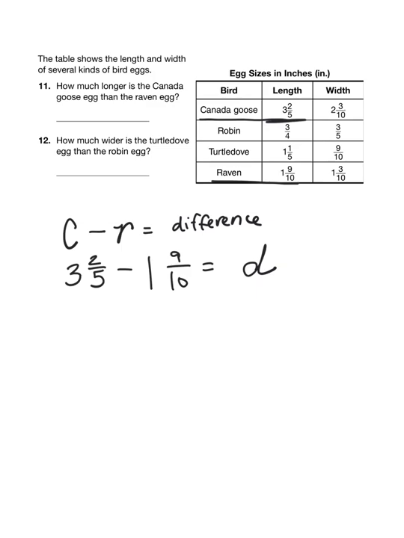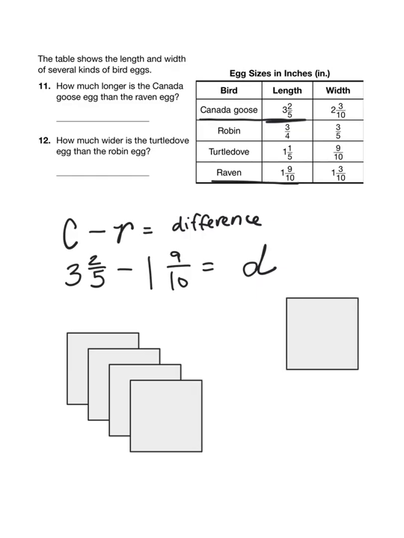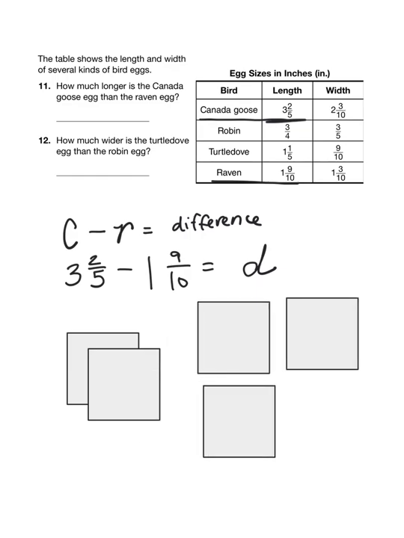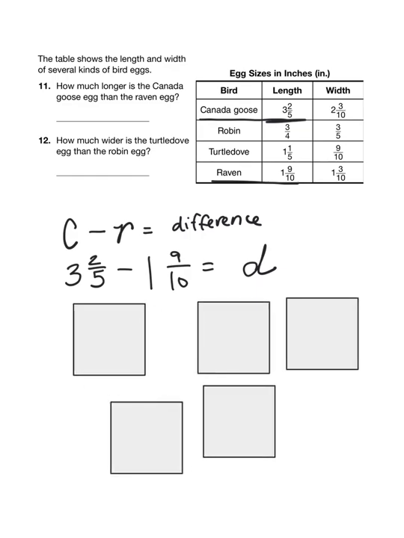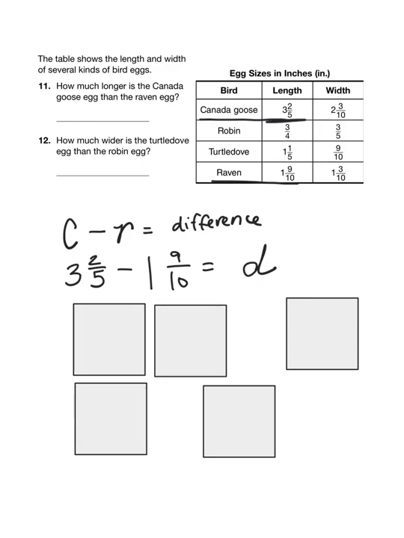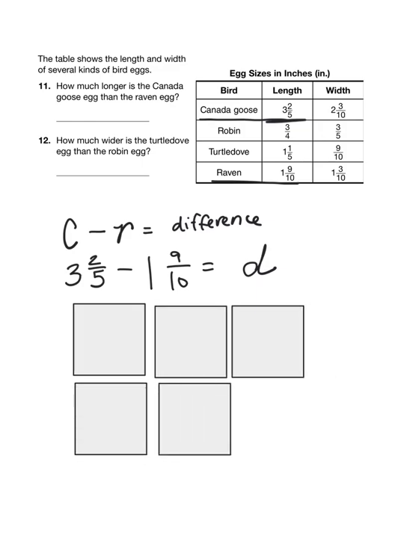Okay, so let's go ahead and make our visual model. And I need to have 4 squares because each square represents an inch. And we've got 3 and a little bit. Oh, that's 5. Well, that's okay.